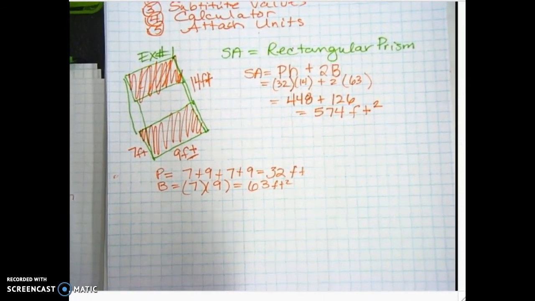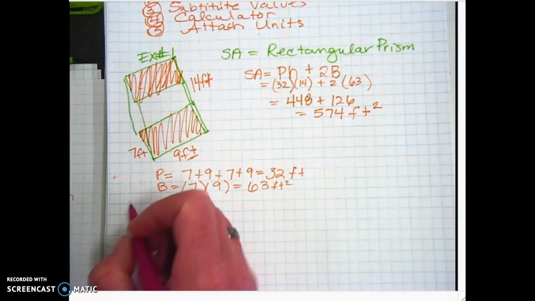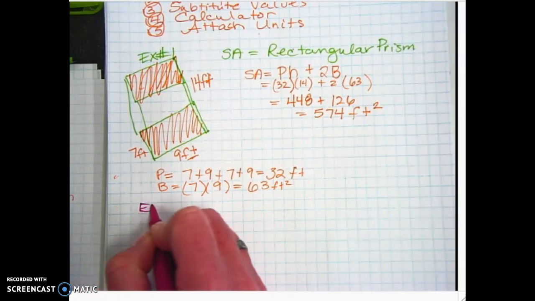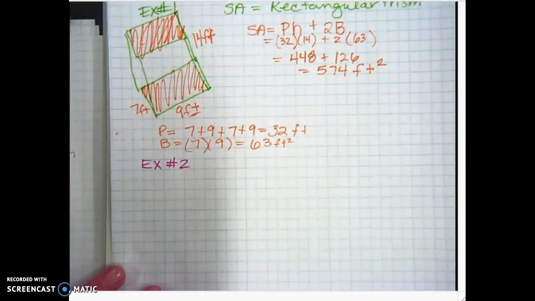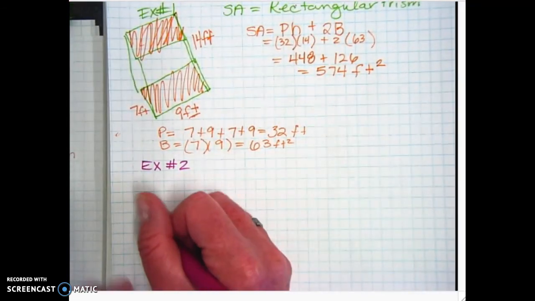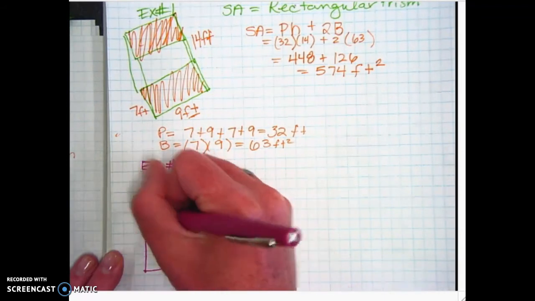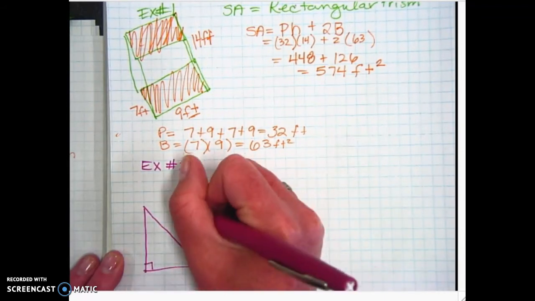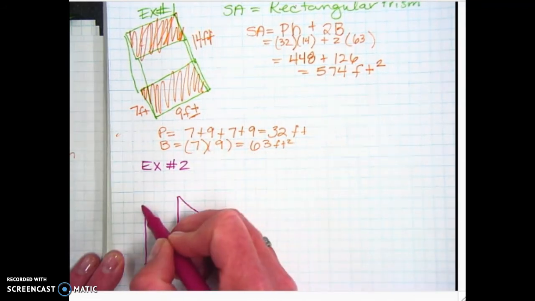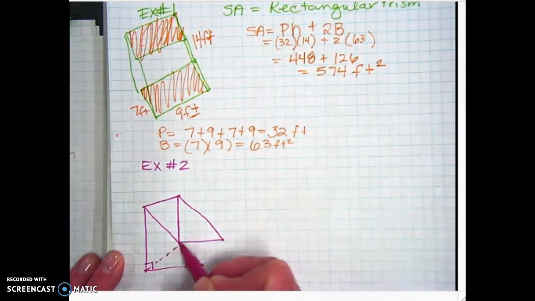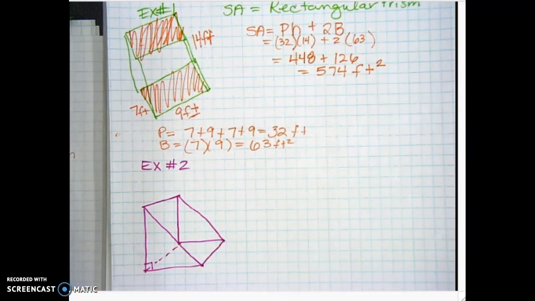All right. What if your base is not a square or a rectangle? What if it's a triangle? So we're going to look at a triangular prism. And I'm going to give you some measurements here.